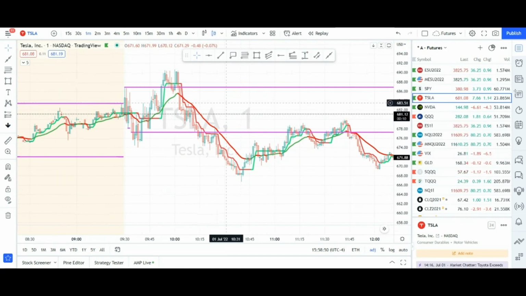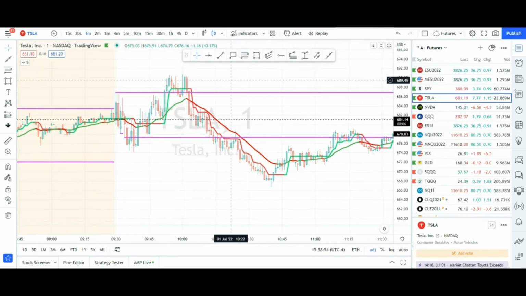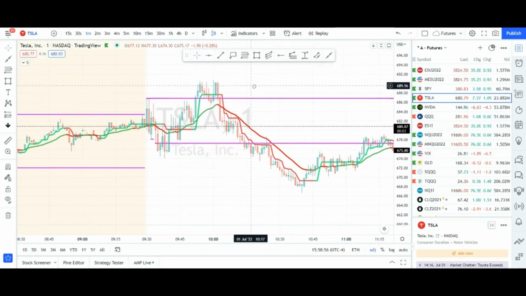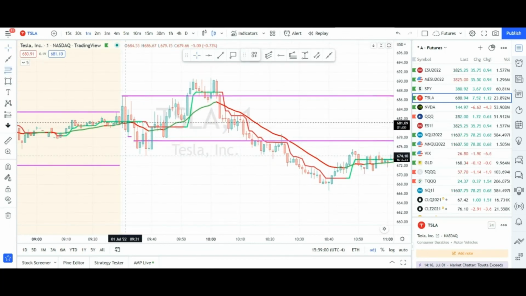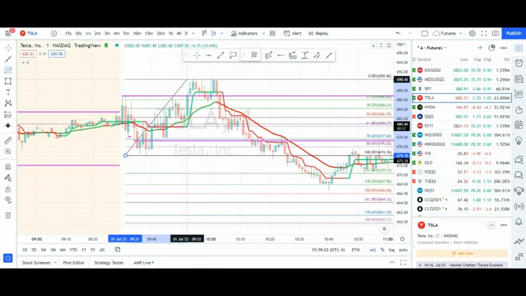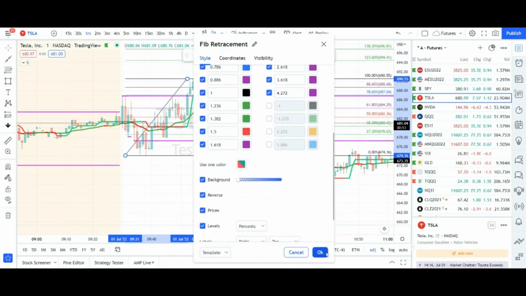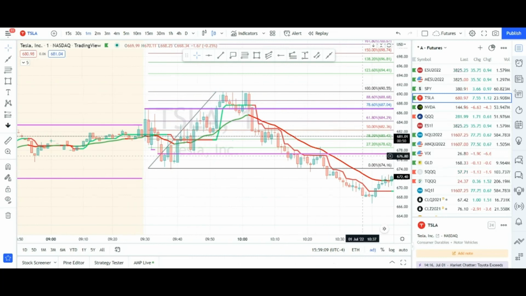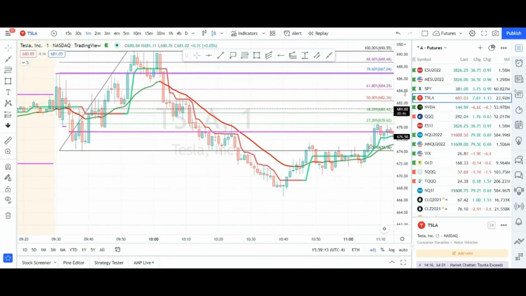So I will show how to trade with 5 minute levels or any other levels in another video. Here I'm just looking at one thing, that the price tried to break the high, didn't break the previous high. If you see, didn't break the previous high, came down.